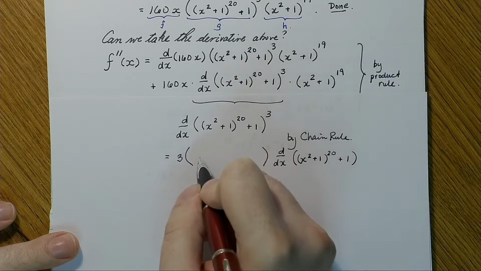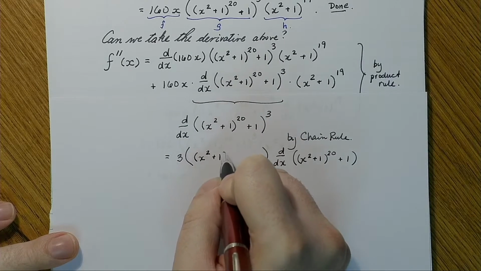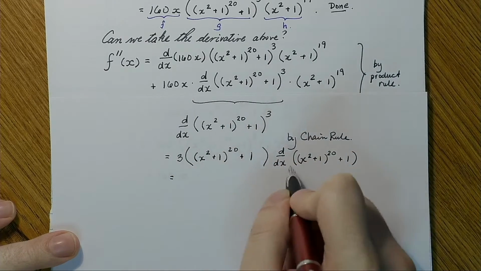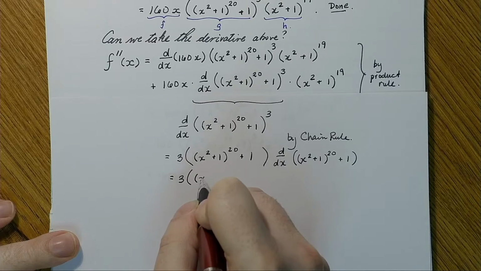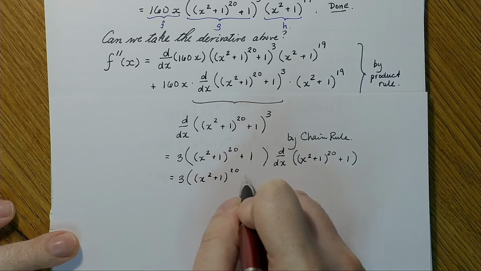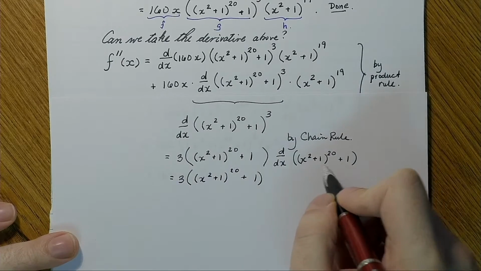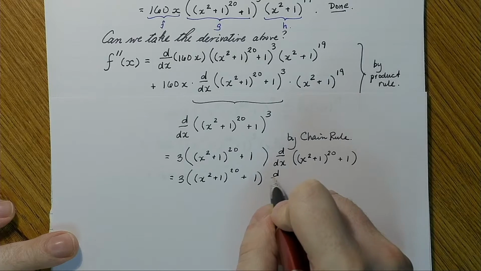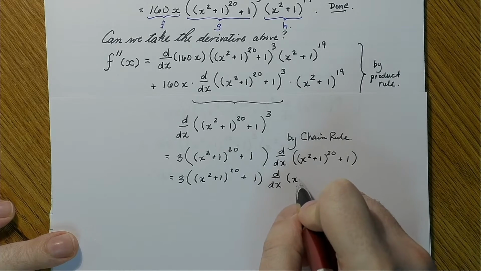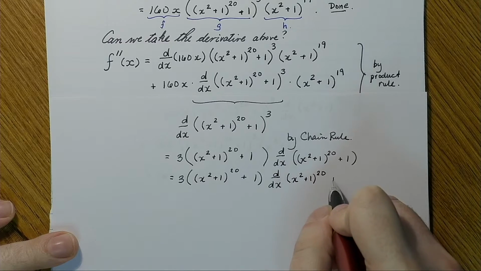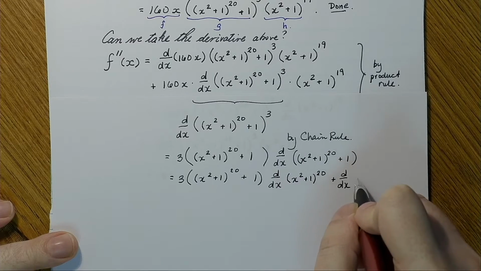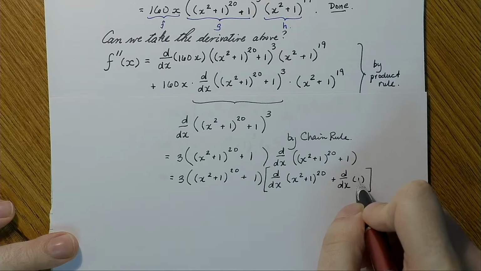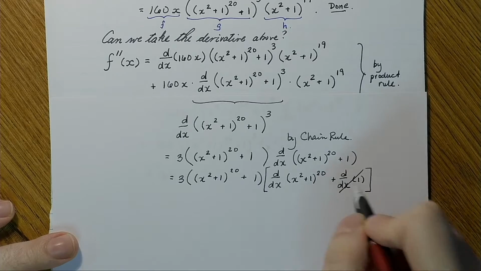Okay, so I can leave that alone, so I'll just rewrite what was there. Next, I have to take this derivative. I can apply this derivative to each term. So I get d by dx of x squared plus 1 to the 20 plus d by dx of 1. The derivative of 1, a constant, is 0. So again, that cancels.